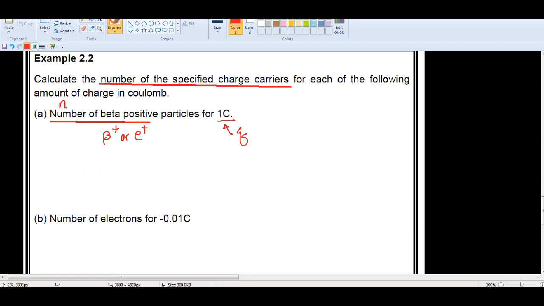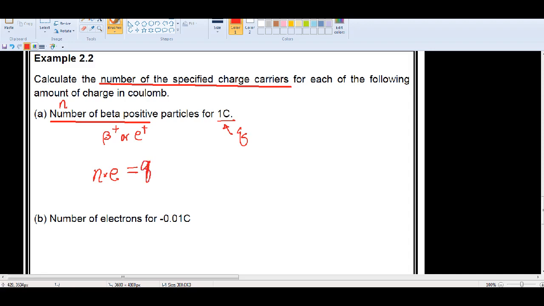The number of beta positive particles amounting to 1 coulomb in total charge will be n times e, because each beta plus carries charge e, equals 1.